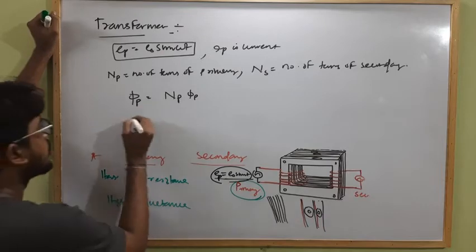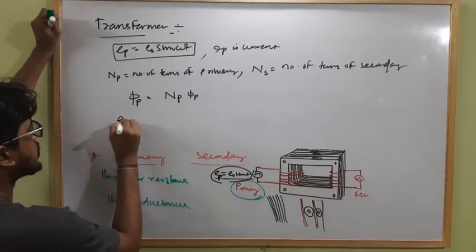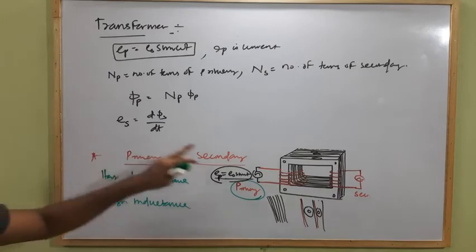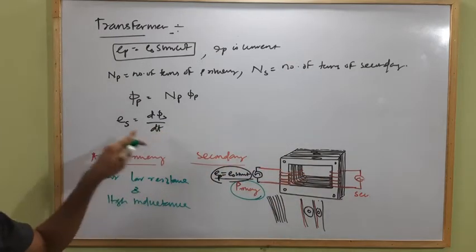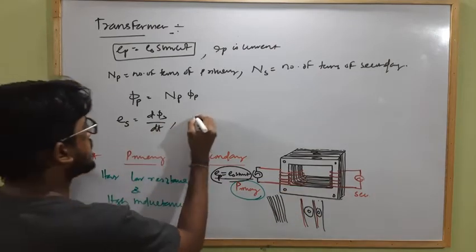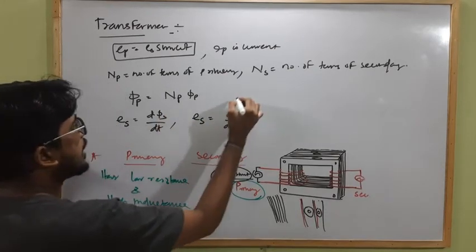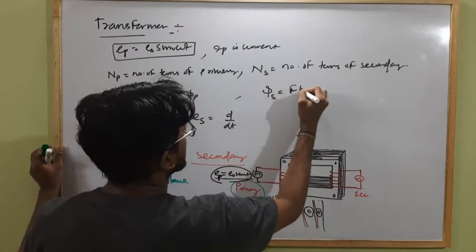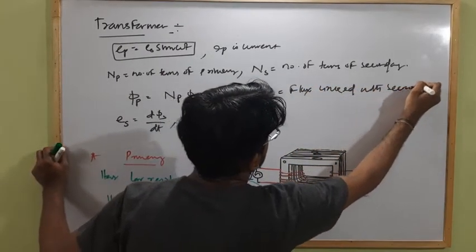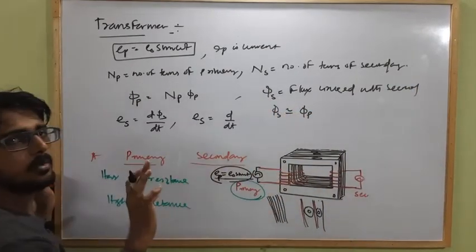Okay. So the induced EMF ES across the secondary will be how much? ES equal to minus d phi s by dt. The change in flux with the secondary with respect to time will be the induced EMF across the secondary. Here phi s is the flux linked with the secondary, and this phi s is nearly equal to phi p, as there is very little leakage of flux.